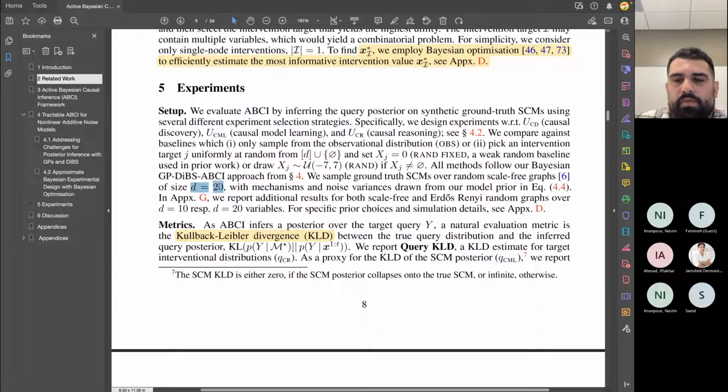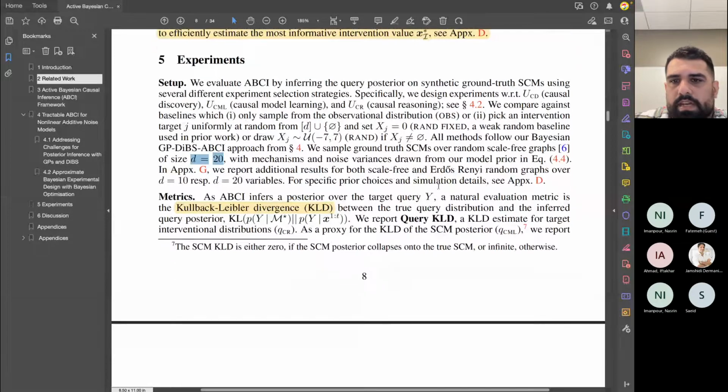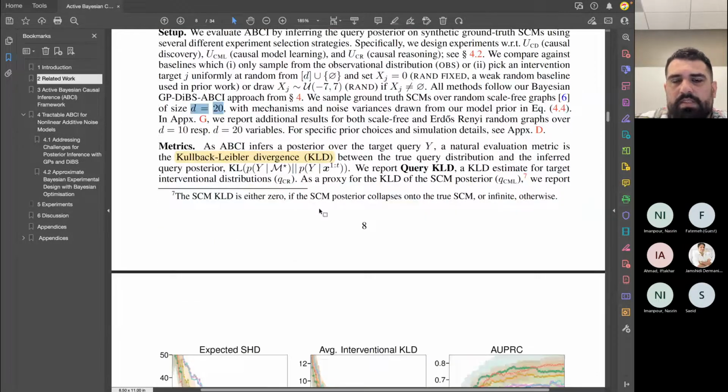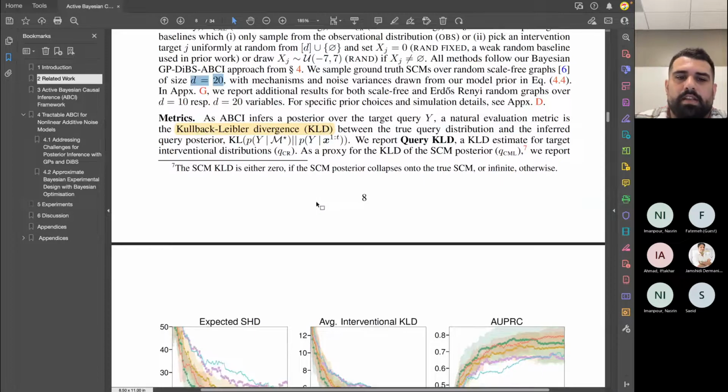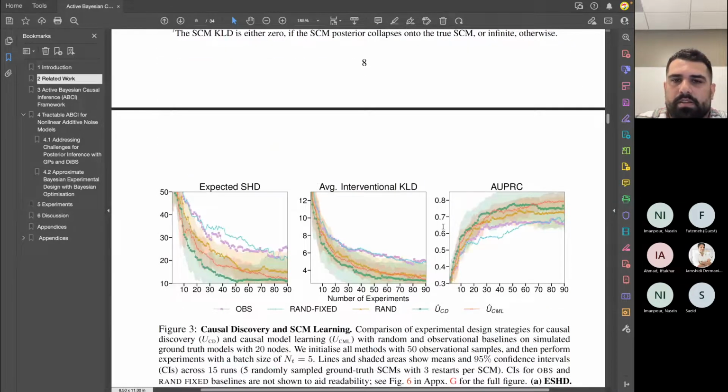So the graphs have 20 nodes, and they are Erdős-Renyi random graphs with different sizes. Now for metrics, so these are the experiment results.